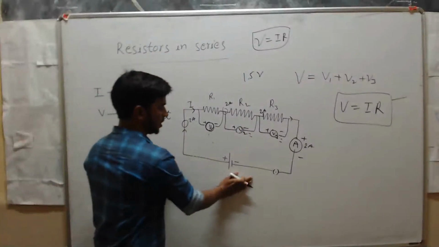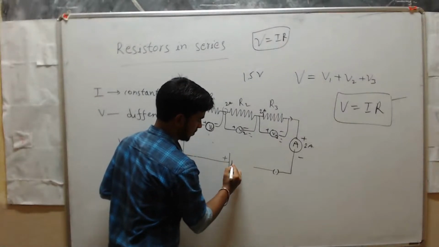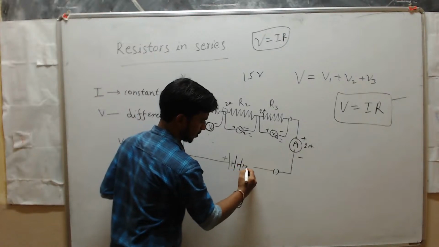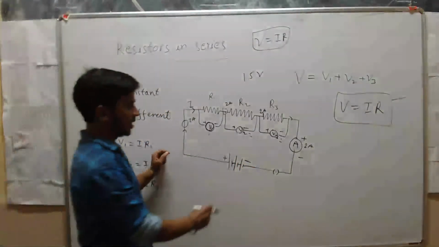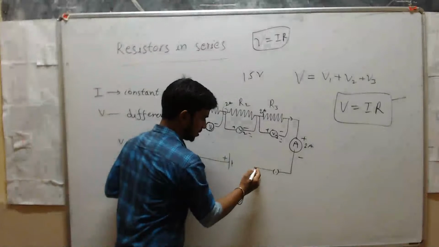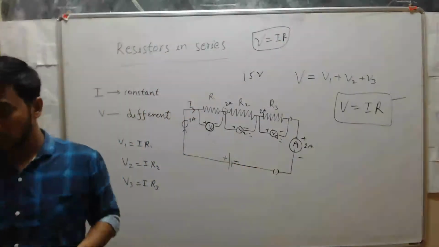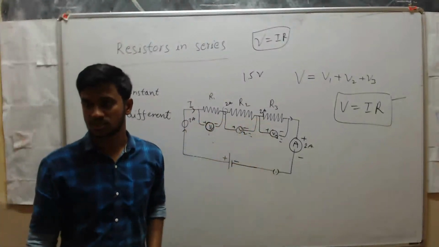Sometimes you can draw like this also, no problem. This is also correct. No need to draw a cell for each individual resistor.